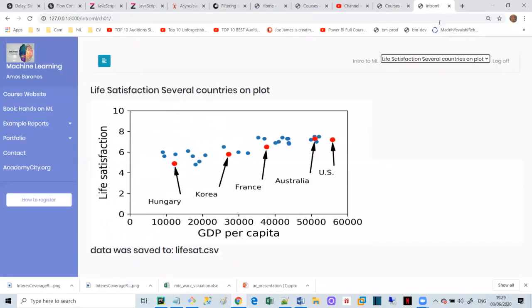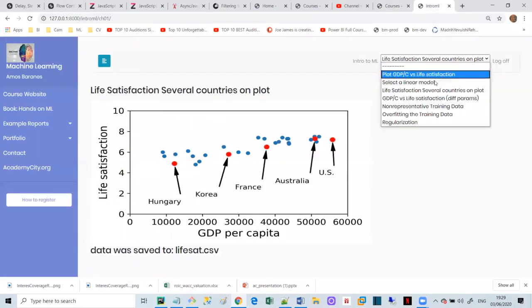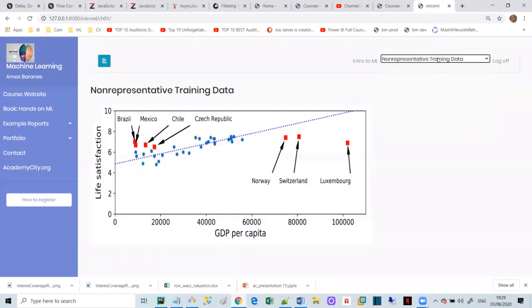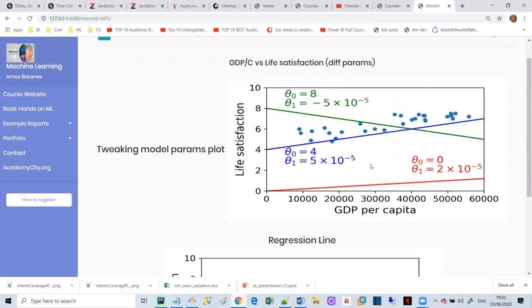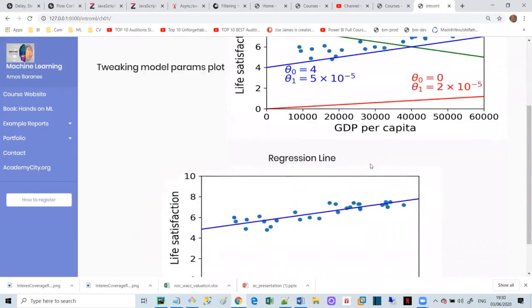Let's go back to the previous example, okay? Okay, we decided on the linear model, that means pulling a line, but which line should I use? So that's what training the model means.